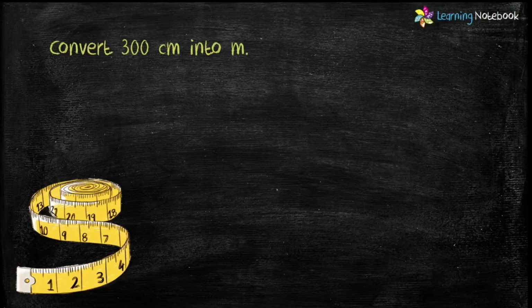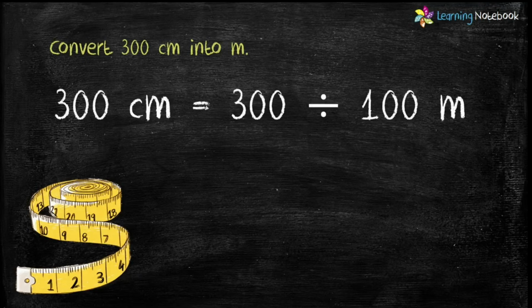First question is, convert 300 centimeter into meter. Students, we just learned to convert centimeter into meter, divide by 100. Therefore, 300 centimeter equals to 300 divided by 100 meter.